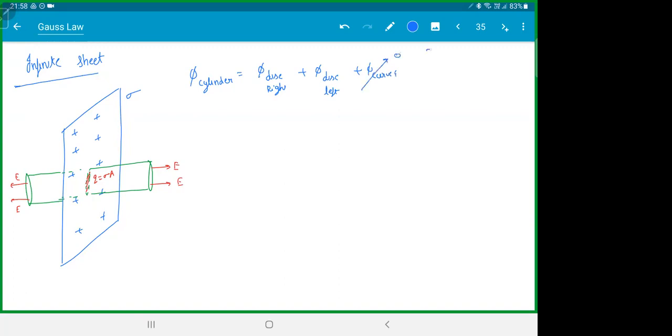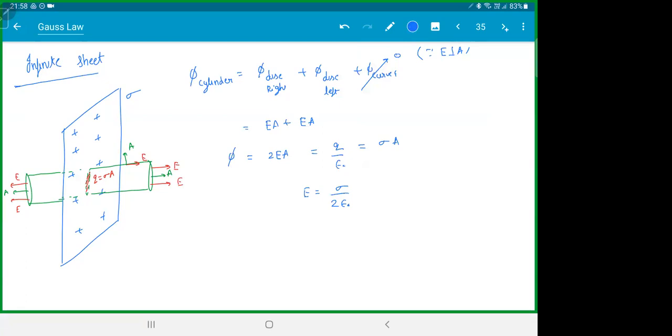This is 0 since E is perpendicular to A, because the field is this way but the area vector is this way for this cylinder. This is the area vector and this is the area vector. So we get E times A. Remember, the scalar quantity just adds up. The total flux is 2EA. This is equal to charge enclosed by epsilon. Charge enclosed is sigma times area. E will be sigma by 2 epsilon. This is the same result we got for a disc.